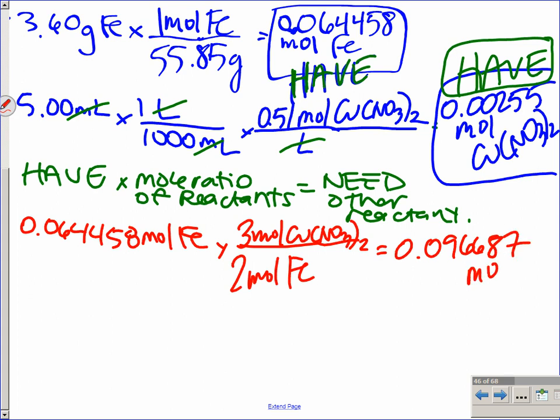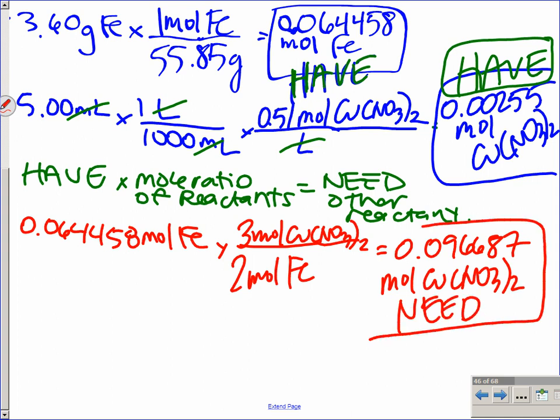All right, so basically what we did was we recognized there's a ratio between these reactants. And we said, if I have this much reactant, how much do I actually need of the other one to fully react all the iron away so it's gone? So when we did this ratio, this is moles of your copper 2 nitrate that you need to fully react with all of that iron we recognized initially.